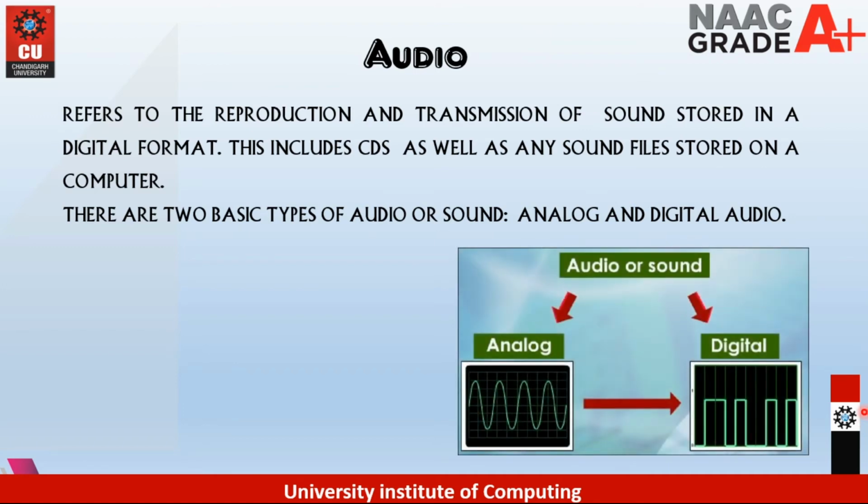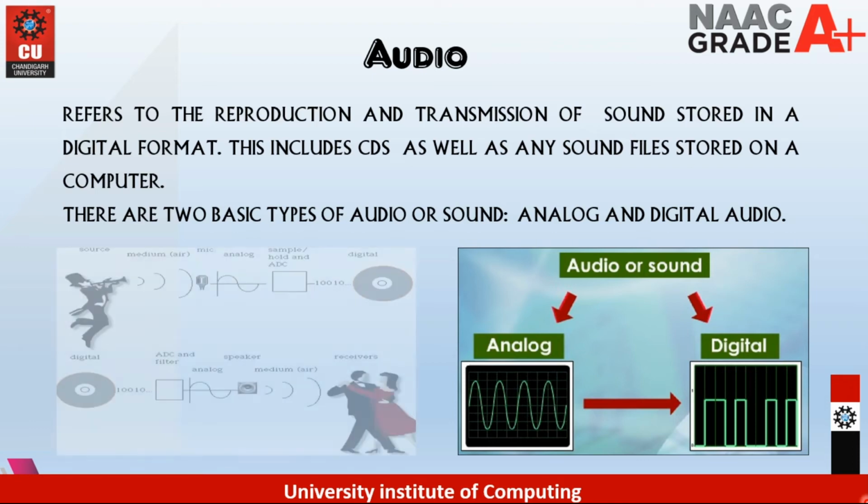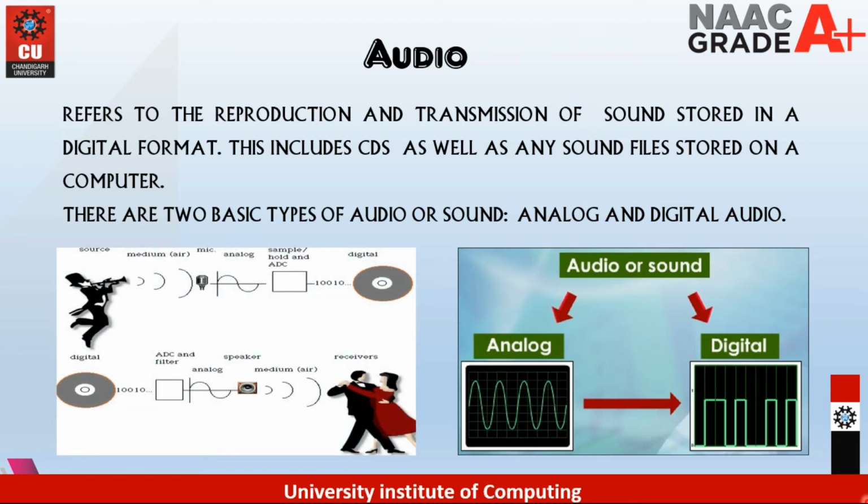Now, audio is of two types, analog and digital audio. The difference between both can be seen in the image shown below. If we are talking about the general difference, then analog sound is the original audio, which is converted to the digital form by recording and storing it in the 0 and 1 form, which can also be called the binary or digital form.